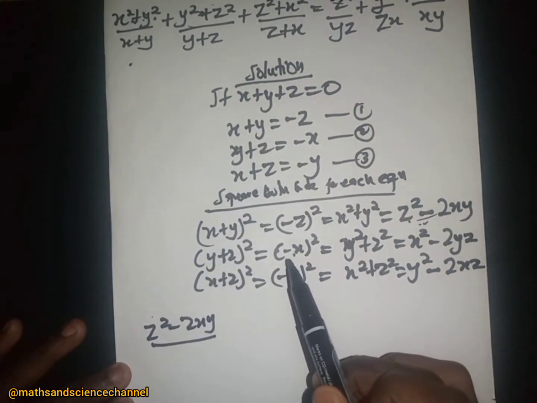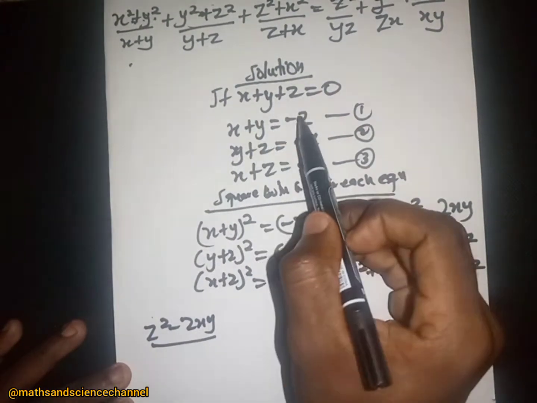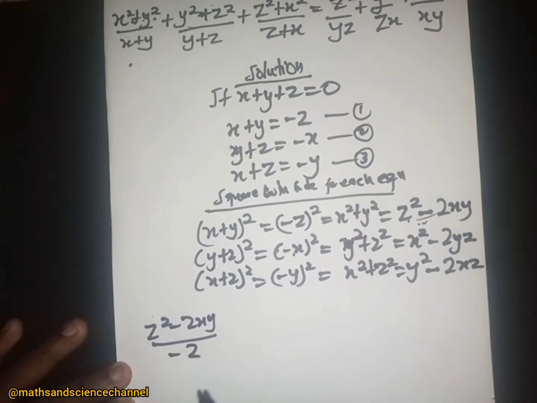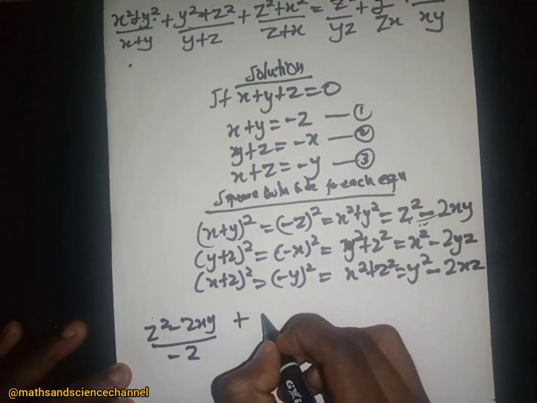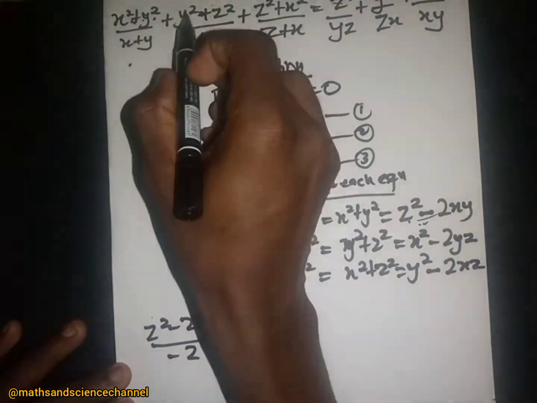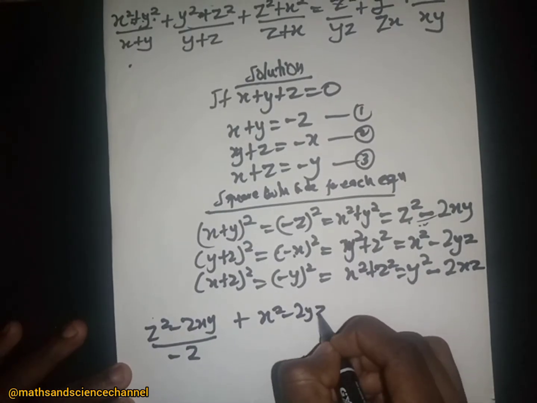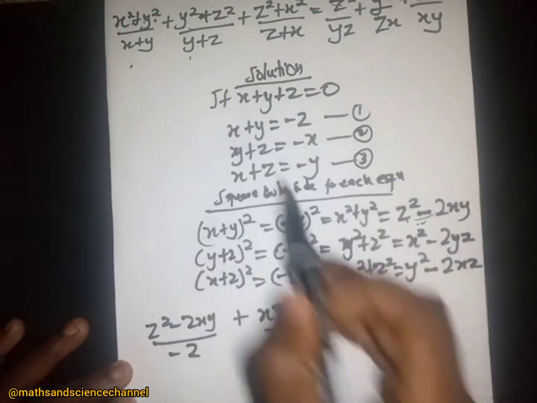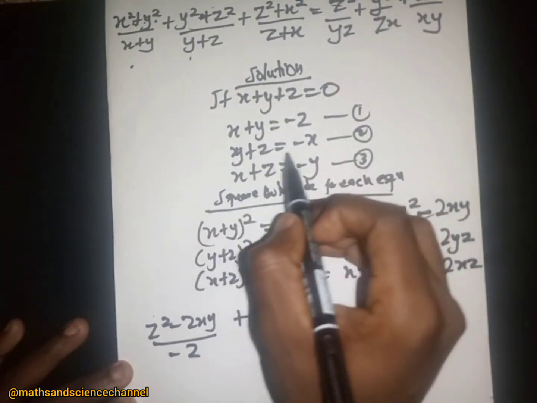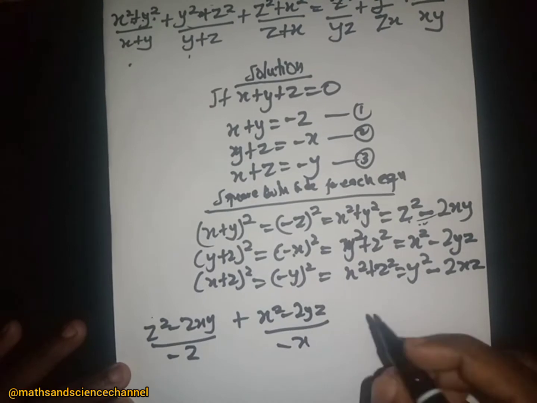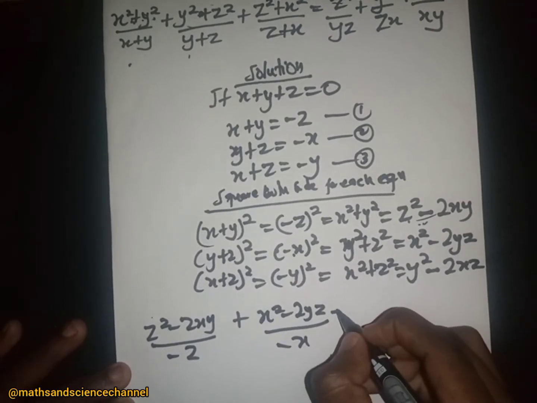X plus y, we said, is negative z, so we just substitute that. Then we have the next one, y squared plus z squared, which is just x squared minus 2yz, then divided by y plus z, which is just negative x. So we do this for each one of them, so let me quickly do that.